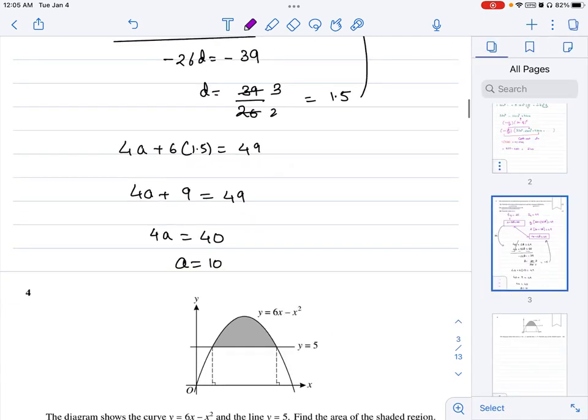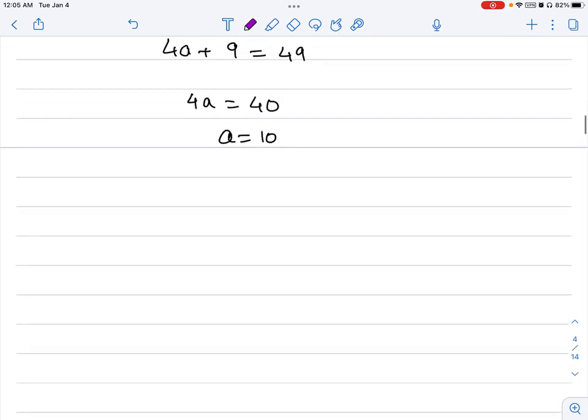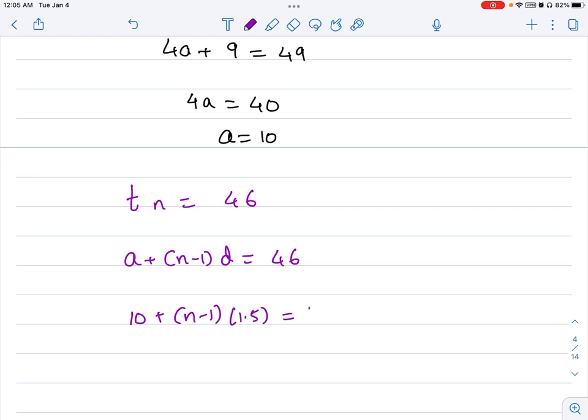So let us add a page quickly. The nth term is 46. Tn is equal to 46. The Tn formula is nothing but a plus n minus 1 times d equals 46. A is 10 plus n minus 1 times d, which is 1.5, equals 46.